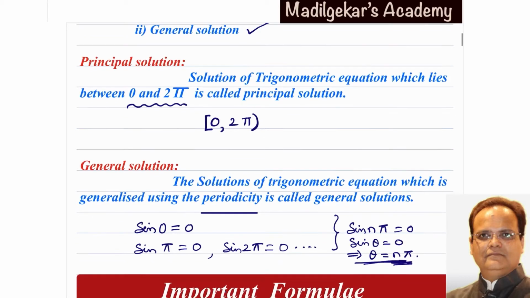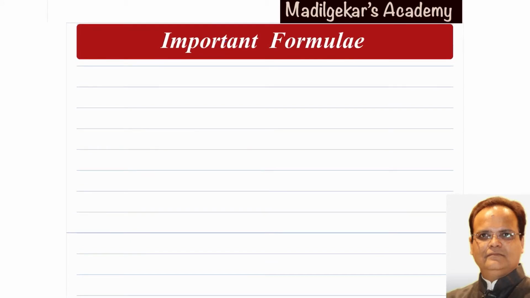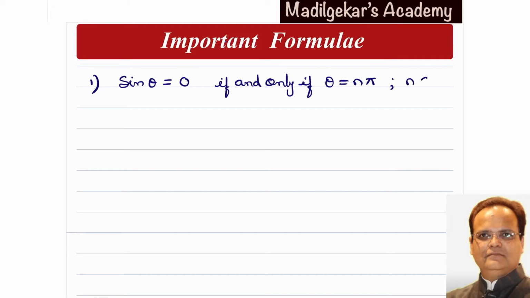Let us now discuss some important formulae. First, as we discussed now, sine theta equals 0 if and only if theta is an integral multiple of pi, that is n pi, where n belongs to the set of integers.